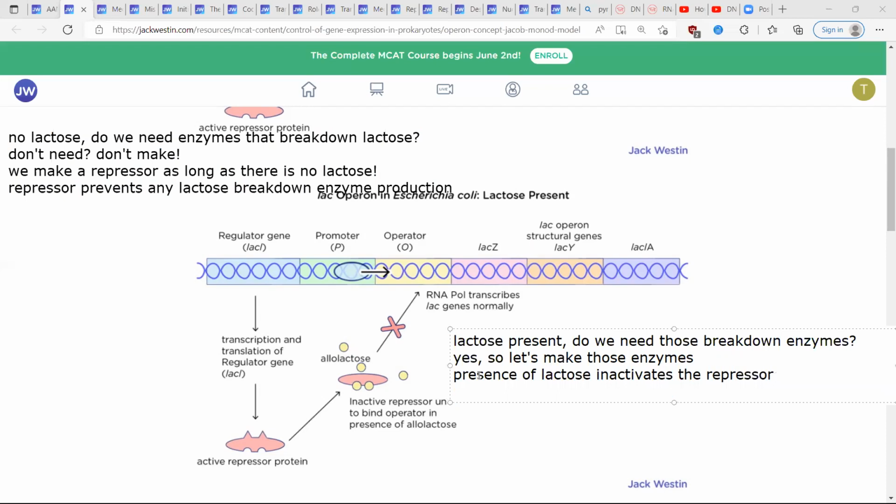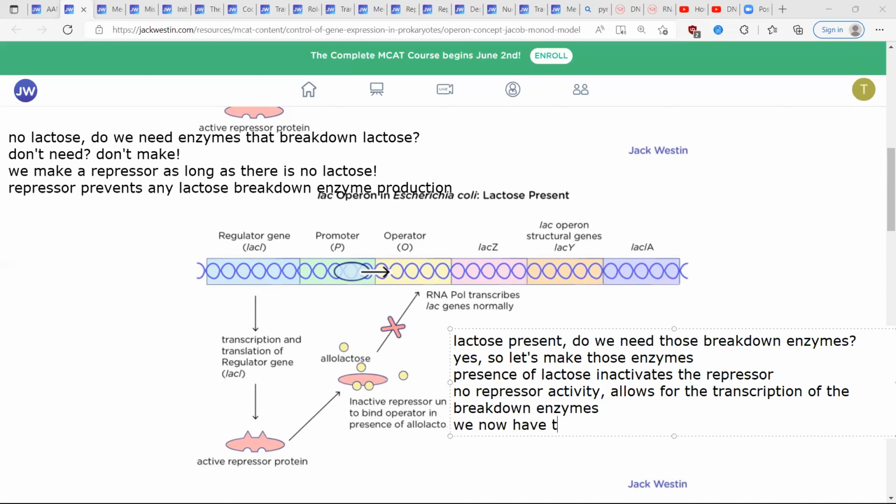And since there is no repressor activity, that allows for the transcription of the breakdown enzymes. Therefore, we now have the ability to break down the lactose.